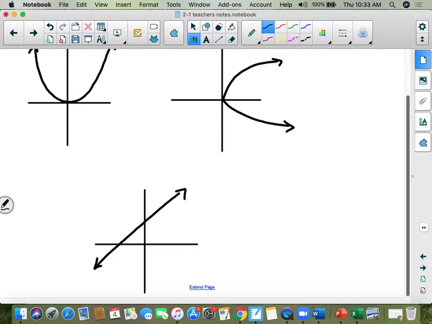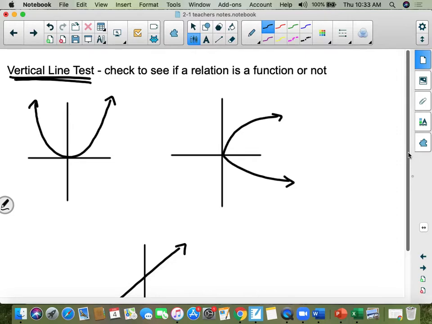And instead of looking at ordered pairs and looking at repeating x values, I can do the vertical line test. What the vertical line test means is I just draw a vertical line through my graph and it can only hit it once. Does it only hit it once? Let's do another one just to check. It only hit it once when I drew my red line. Check it again, it only hit it once. Yes, this is a function because when I drew my vertical lines, it only hit it once.